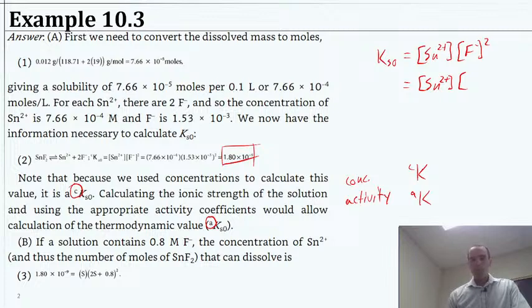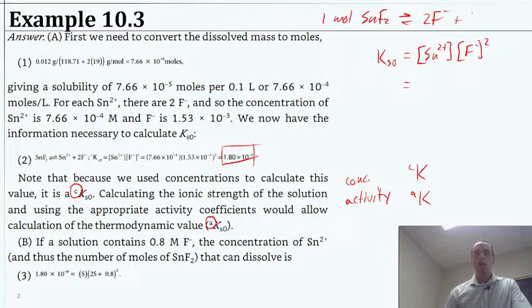Before we do that, we can substitute one for the other because we know that 1 mole of SnF2 is going to yield us 2 F minus and 1 Sn2 plus.